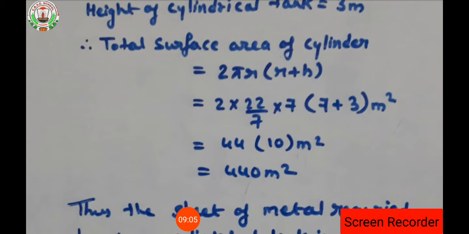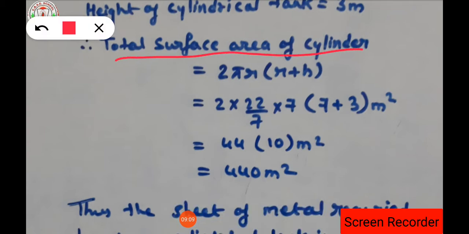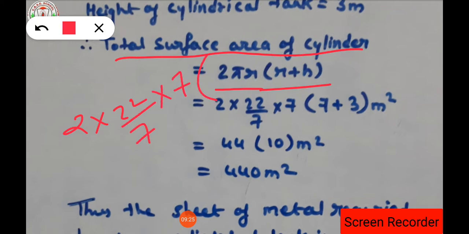So in both cases the formula is different. Remember that, don't get confused in the formula. For total surface area, the formula is 2 pi r into r plus h. So here 2 comes from the formula, the pi value is 22 by 7, the r value is given in the question, that is 7 itself, into r, that means 7, plus h, which is given as 3, isn't it?